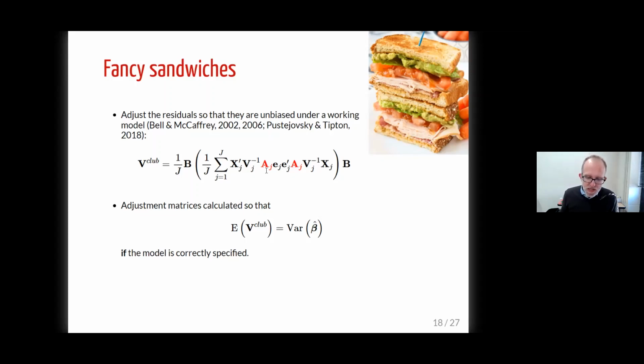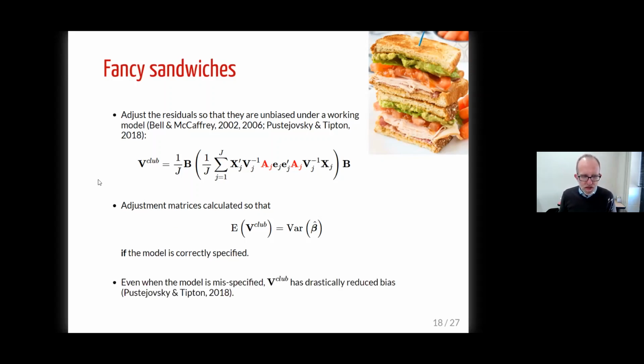The adjustment matrices are constructed in such a way that if we've got the model correctly specified, then this robust variance estimator is exactly unbiased. Now you might think that's a little bit weird, right? The whole point of cluster robust methods is that they should work well even if we don't have a correctly specified model. So now you're telling me we need to have a correctly specified model to get exactly unbiased sandwich estimators.